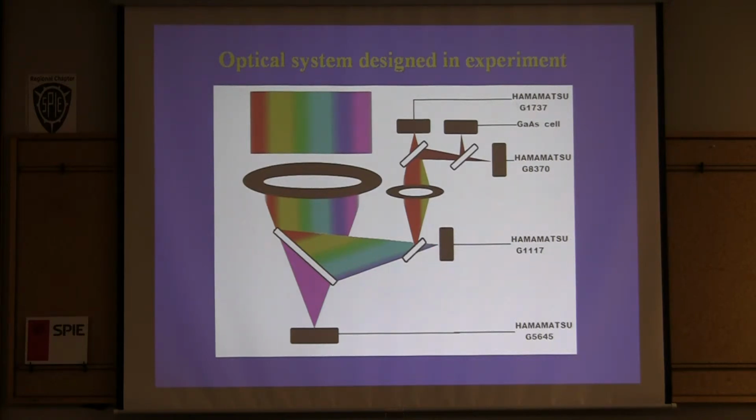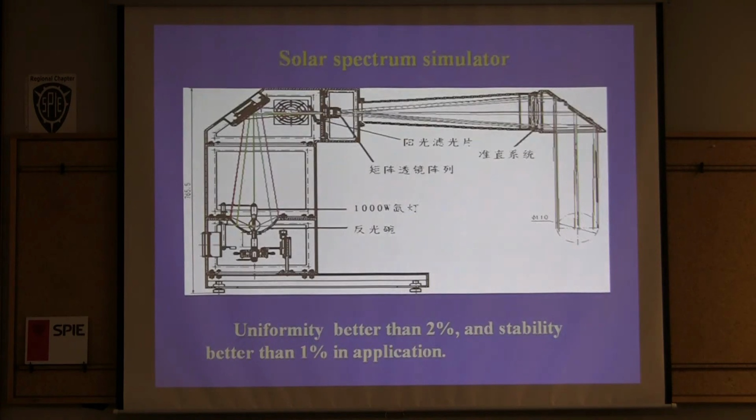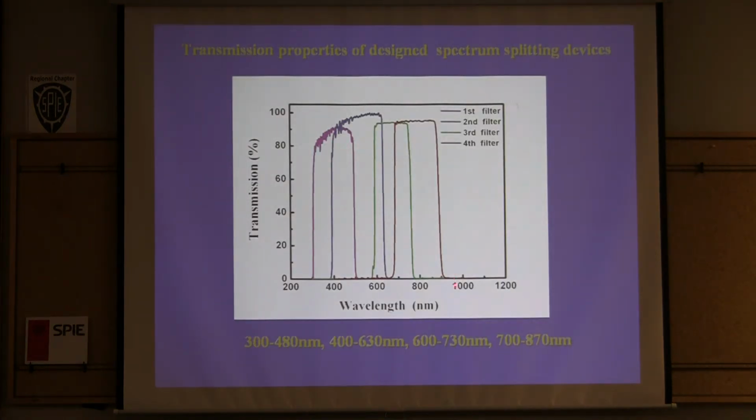Because this filter has no absorption, ideally it is 100% reflection or 100% transmission, because it is a dielectric film filter. Transmission 100% means zero reflection; if transmission is zero, then 100% reflection. But why can it still not reach 100%? Some devices are not very good. I think that can be improved in the future.